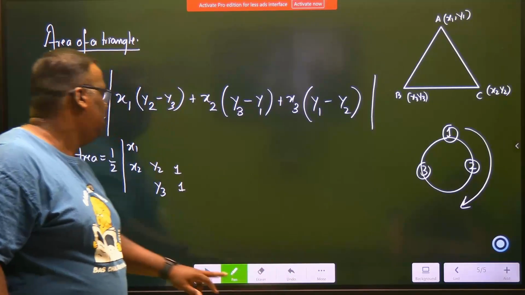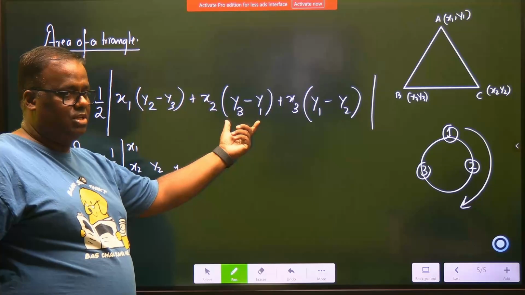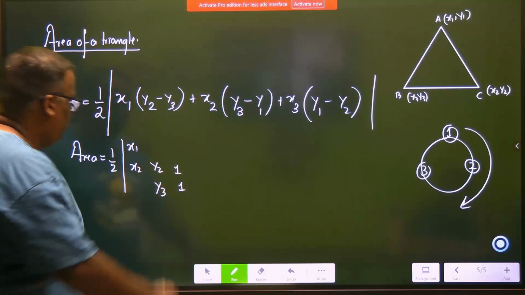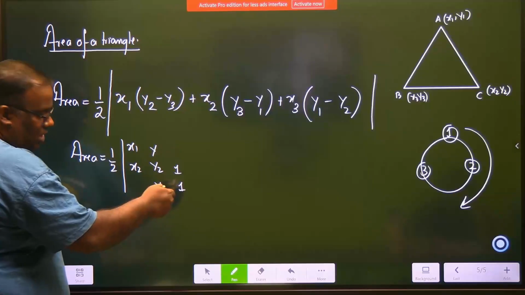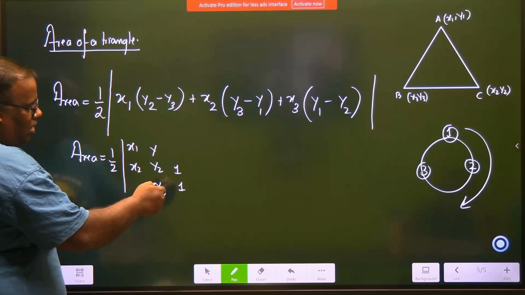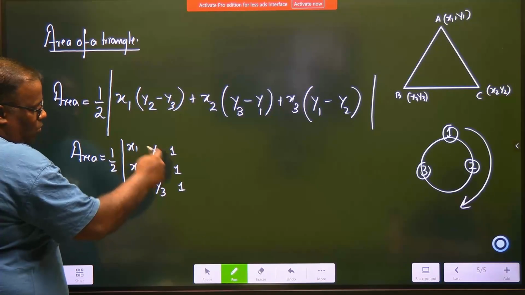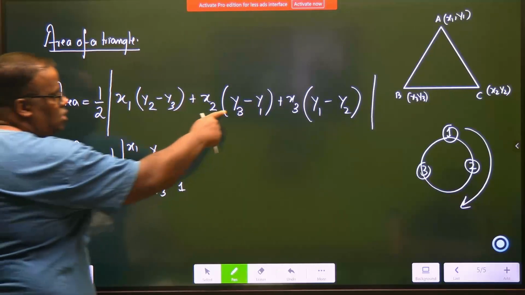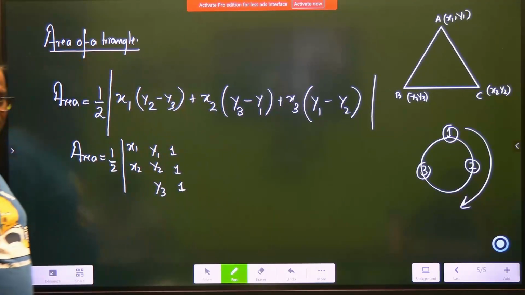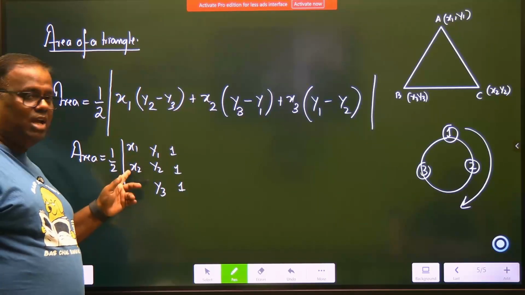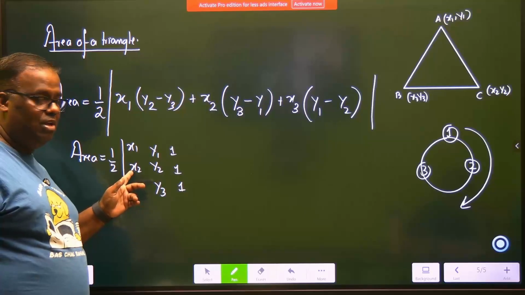Now look here. This is the 2 by 2 matrix. Your x2 is at this position. If I bring y1 here just by symmetry, got it? And I put a 1 out here, x2 multiplied by y1 minus y3. But this is y3 minus y1, because x2 is a negative entity. Look at the i plus j value. This is negative.